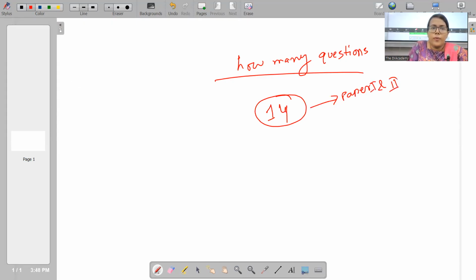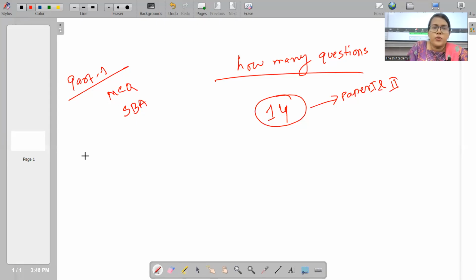So I hope everybody knows about the structure of the MRCP part 1 examination. So by this time you already know that this is entirely an MCQ based exam and all the answers will be single best answer. So in the question, there is usually 5 options given and your answer will be one single best answer.